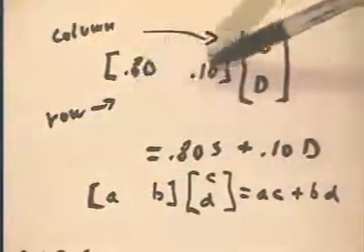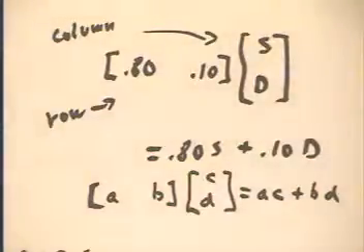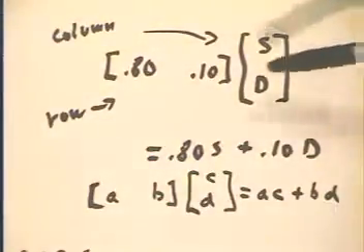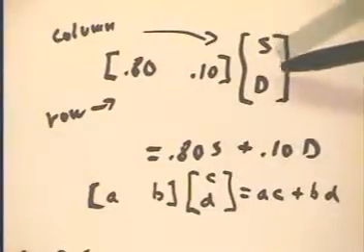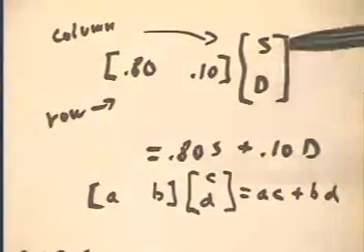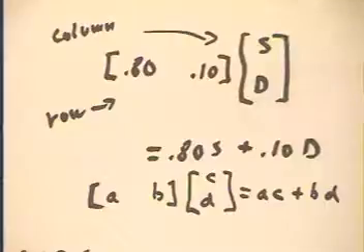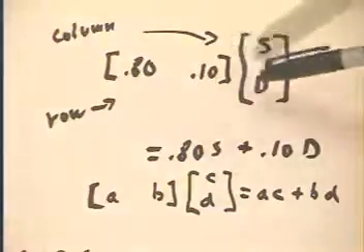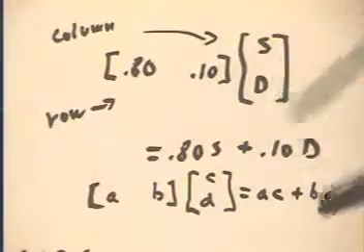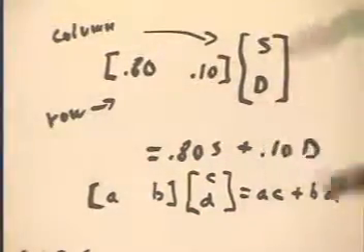In this case, there are two numbers in the row. There could be 3, 4, 5, 6, any number. And a column consists of numbers in a column. Now S and D stand for the numbers of sane and demented. These will stand for the numbers in your column. And again, a row can be any length, and a column can be any length.